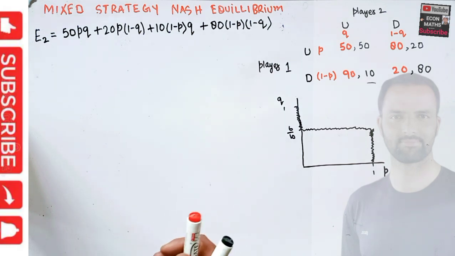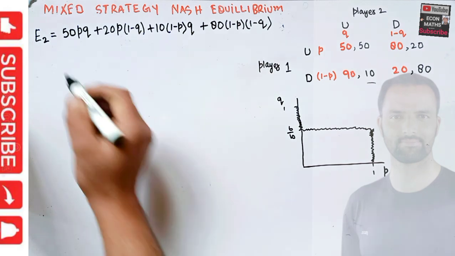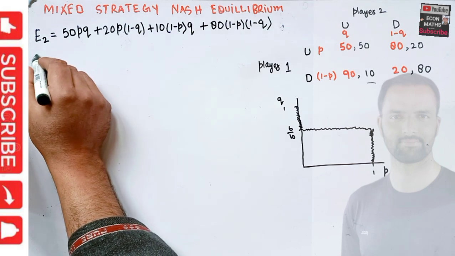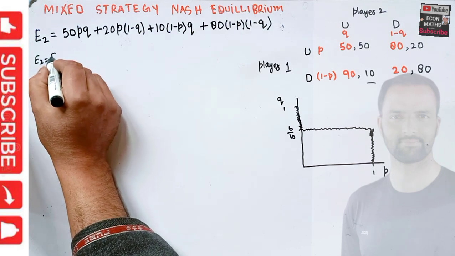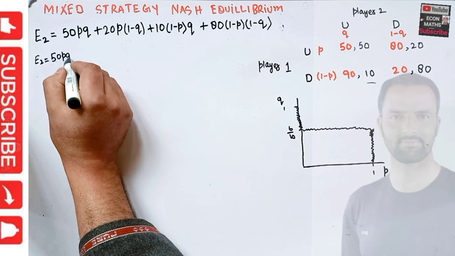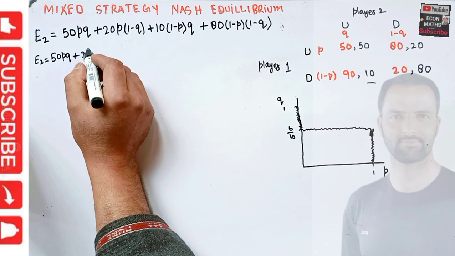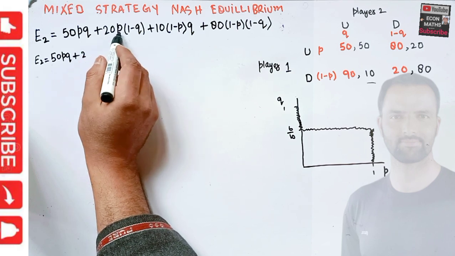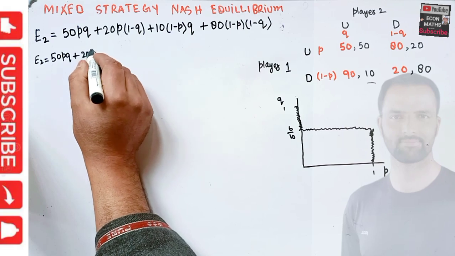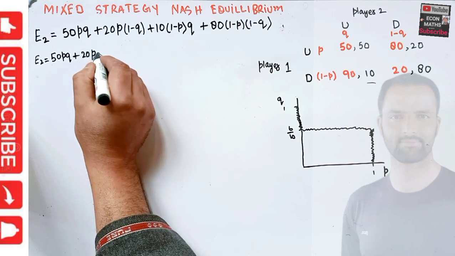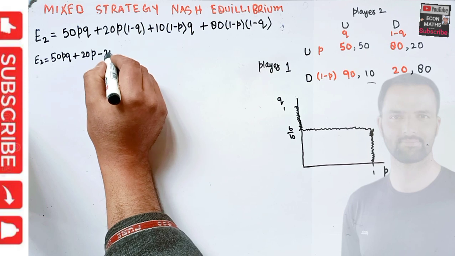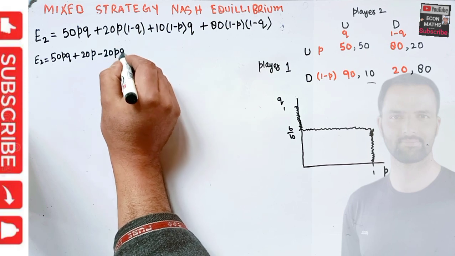Now what we need to see, we need to find the expected payoff. Let us first solve this out. Let me write here E2 is equal to 50 PQ plus 20 P minus 20 PQ.